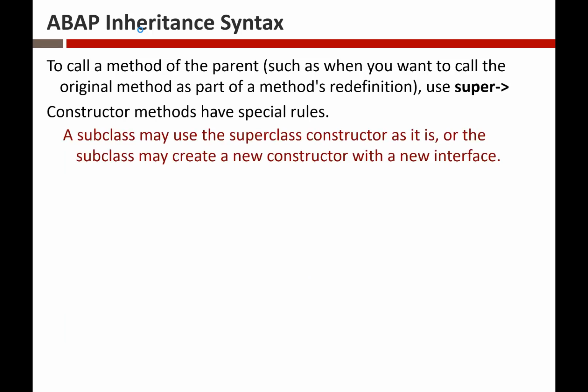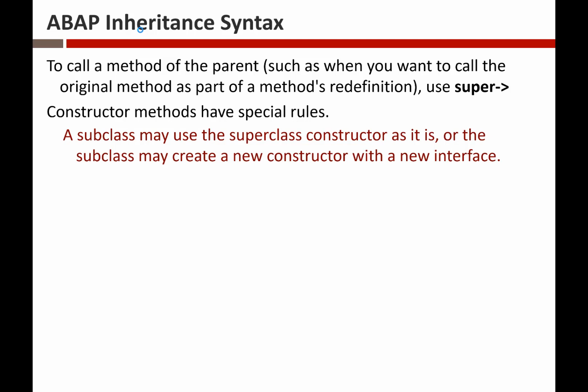A subclass may use the superclass constructor as it is, but if you think about what we have going on here, that's not going to work for us because our child class has two attributes the parent class doesn't have. So I need to address those in the constructor. So I have the second scenario.